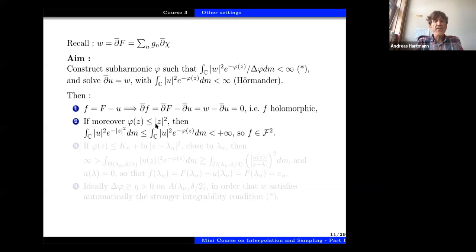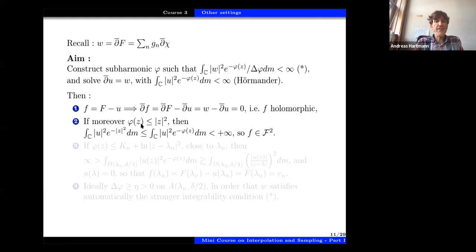The next step is we have to choose phi. We cannot choose phi to be just z squared, because, well, this is no problem, but it will destroy the interpolation condition. So we have to choose phi in a convenient way.